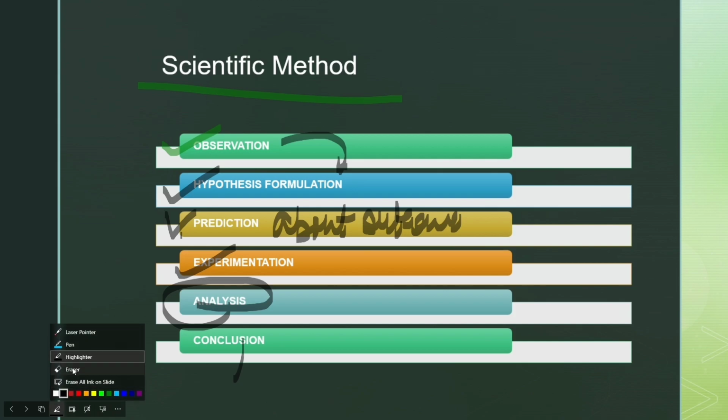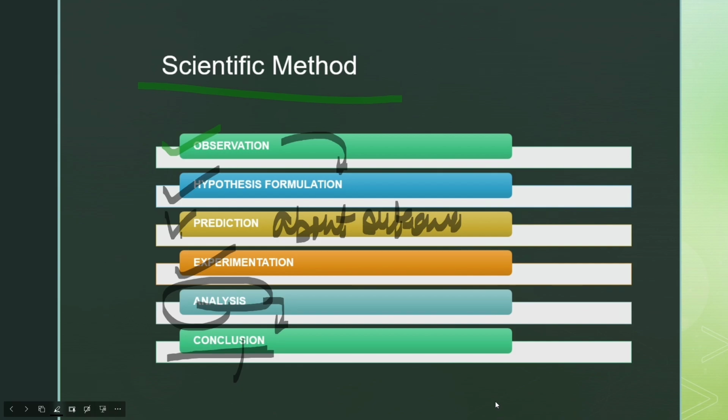Then comes the conclusion. Based on whatever has been analyzed with the data that has been collected through experiments, the researcher can draw a conclusion and communicate their findings, which may lead to further research, further revision of that hypothesis. So that is the scientific method.